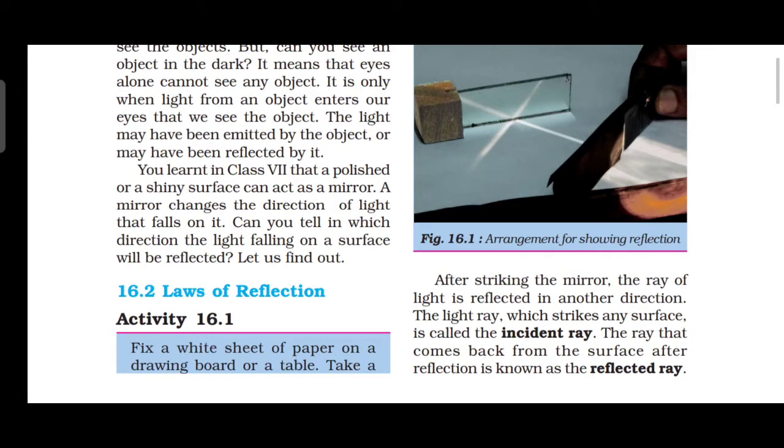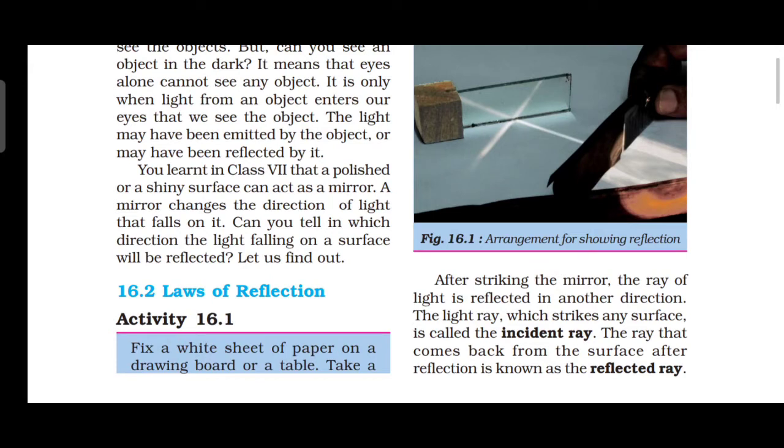The light ray which strikes any surface is called what? Incident ray. After placing the mirror, what happened? The ray of light is reflected in another direction. So the ray that strikes any surface is called what? Incident ray. Then the ray that comes back from the surface after reflection is called what?